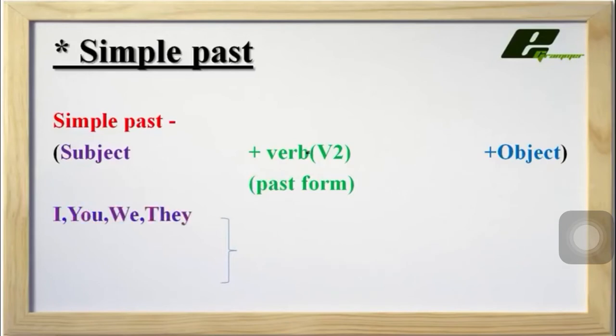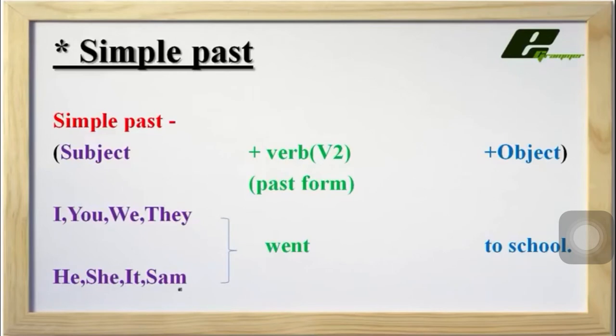I, you, we, they, and he, she, it, and Sam. Now, here I'll make my sentence with Sam. Sam went to school. It means this action has already taken place in the past and we're talking about it. So went is the past form of go. Go is the base form, which is known as V1.